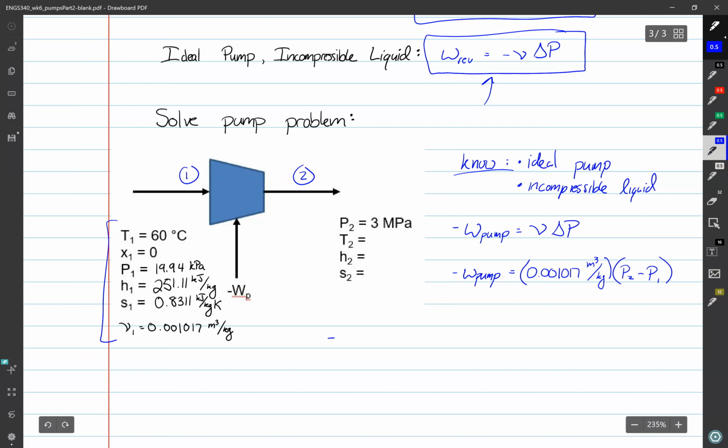So for our units, we have minus W pump equals 0.001017 meters cubed per kilogram times 3 megapascals, that's 3,000 minus 19.94 kilopascals, which is kilojoules per meter cubed.